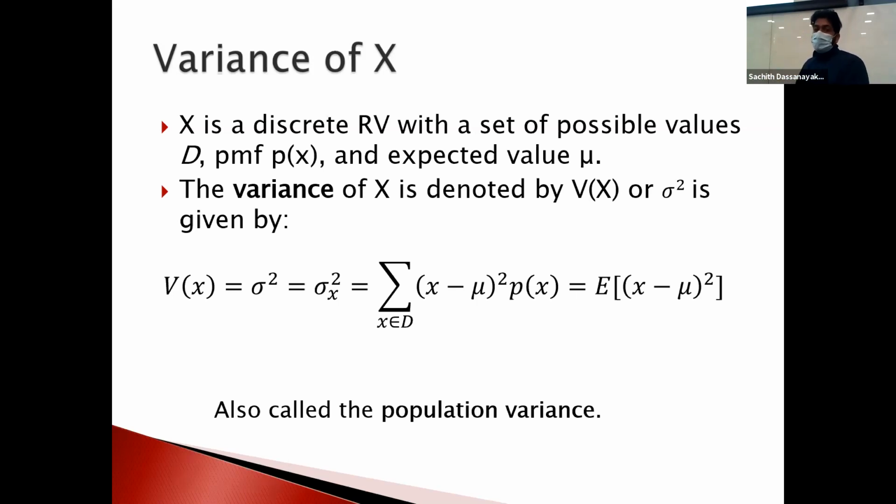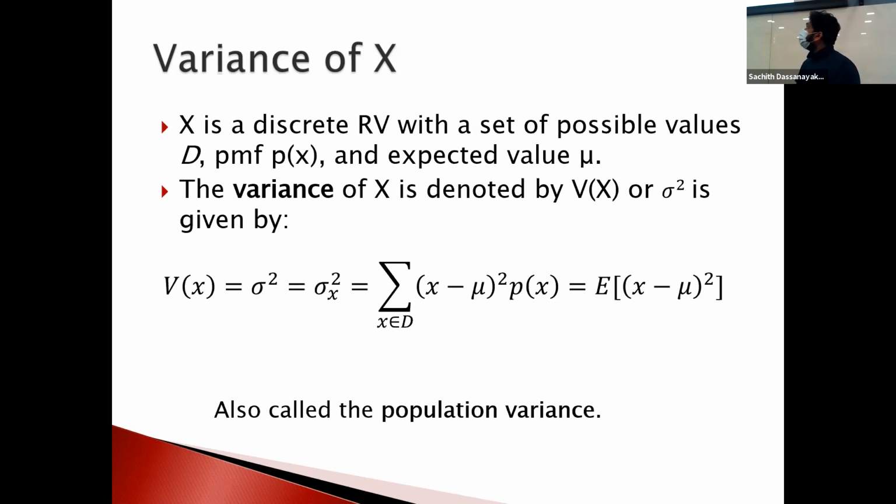This is one way. You have to get the sum of each xi minus mu, where mu means the expected value or population mean, squared, times the probability of that particular xi.